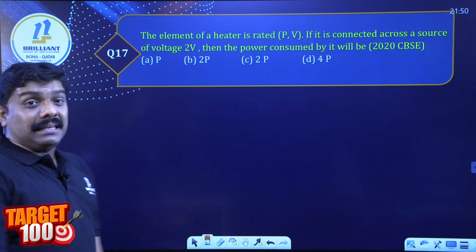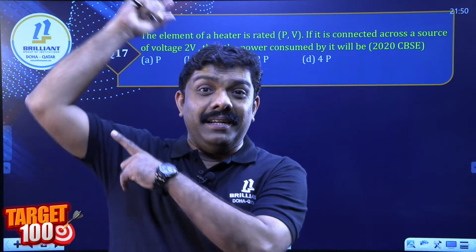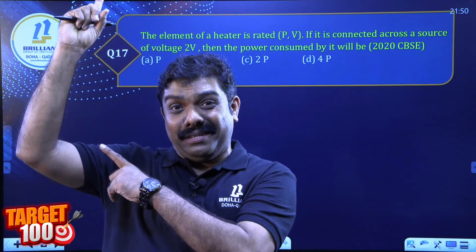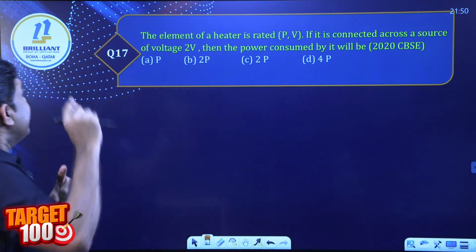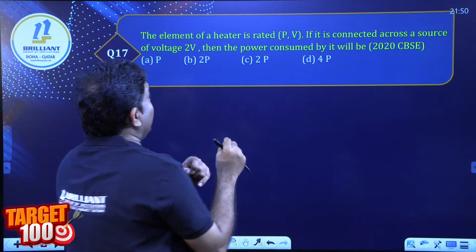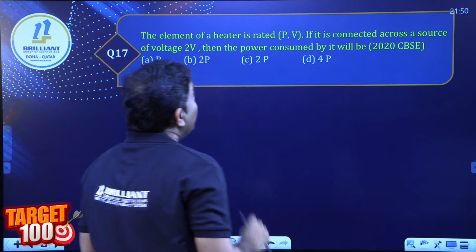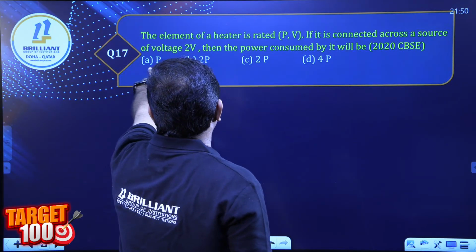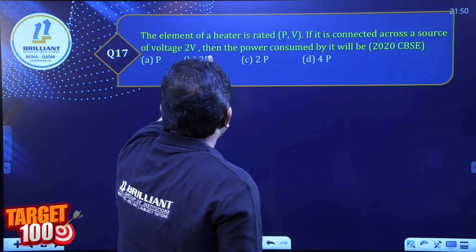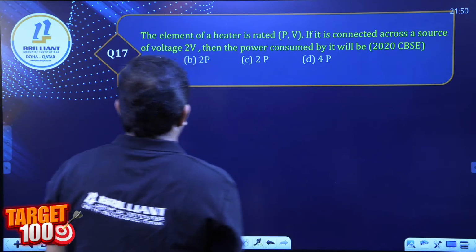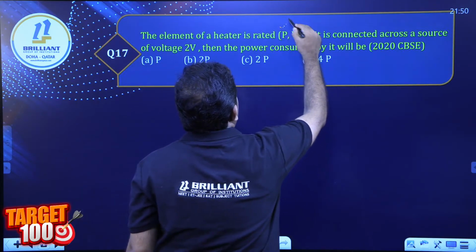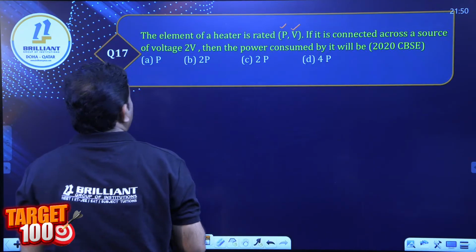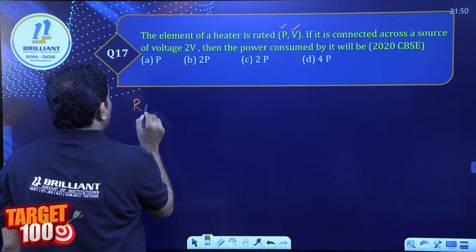Now question 17. Question 17 is the same idea as what we did before. Please look, the element of a heater is rated P, V. If it is connected across a source of voltage 2V, then the power consumed by it will be. Look, power is given, voltage is given, so we can find the resistance. What is the formula?